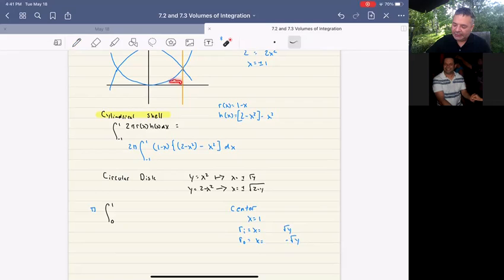From here to here, the r in is 1 minus the square root of y. The r out is going to be 1 plus the square root of y.